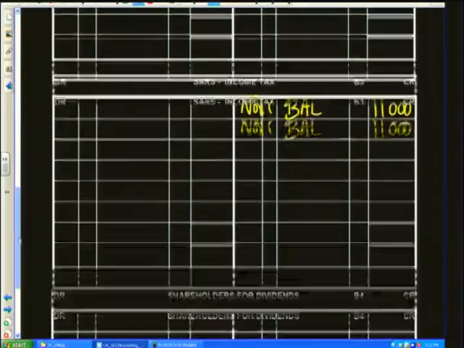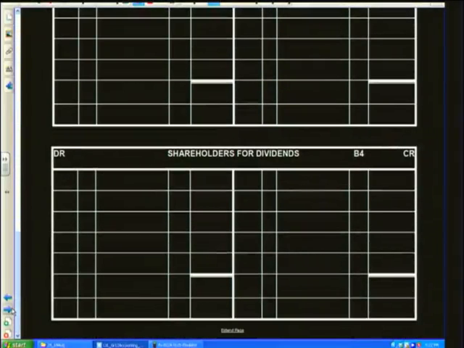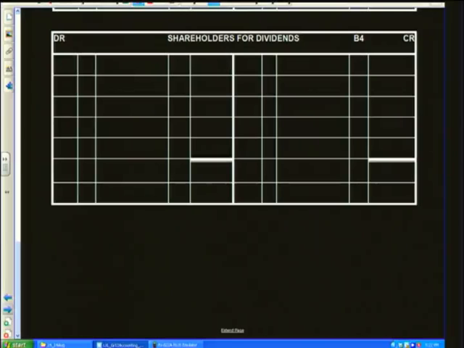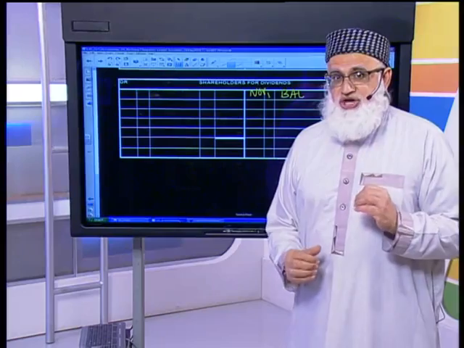Therefore, in my shareholders for dividends account, I've got November the 1st, my balance is 140,000 rand. Remember that what did we say? We said that that is a liability because that's the amount that we owe to our shareholders.